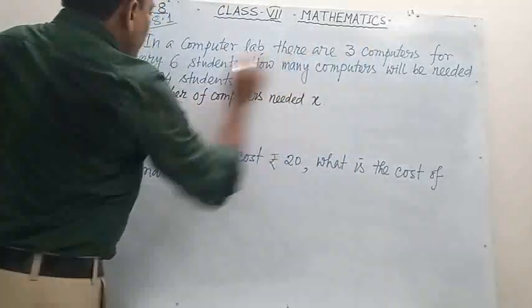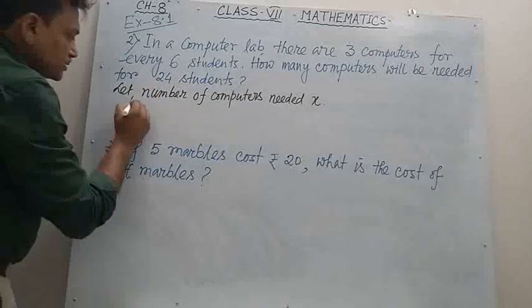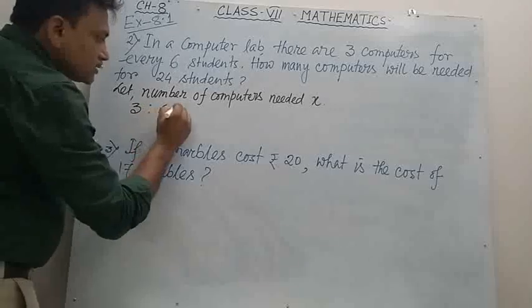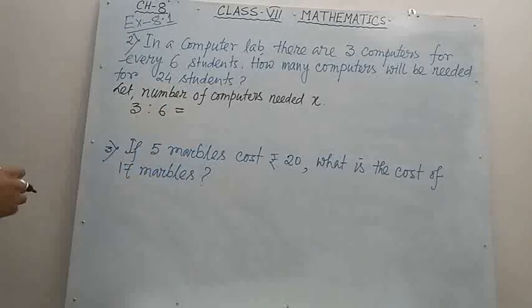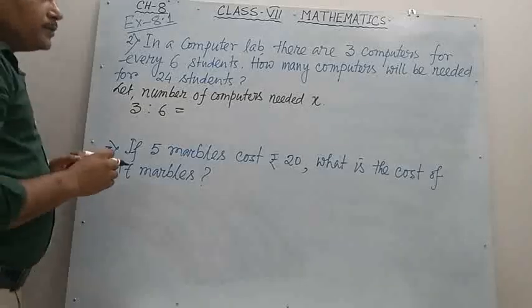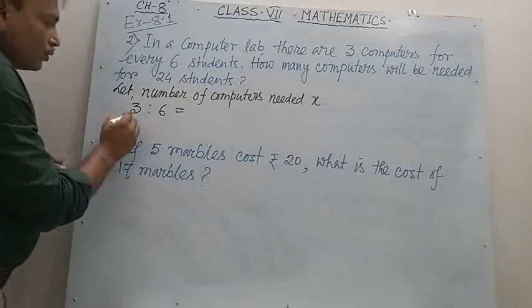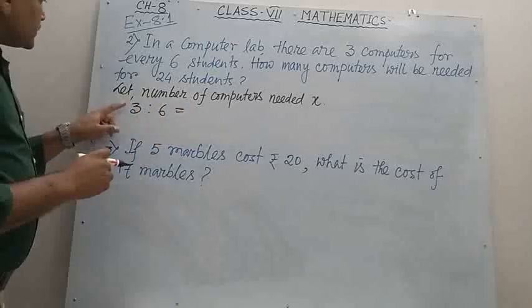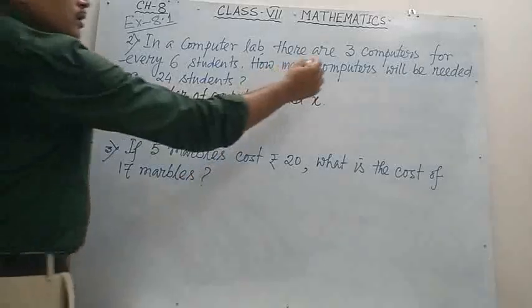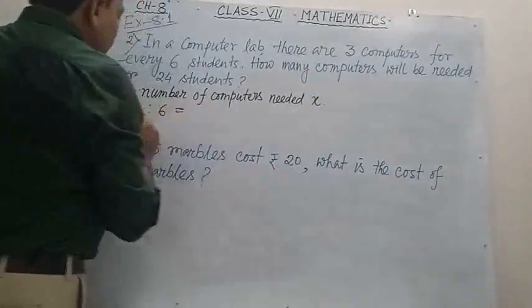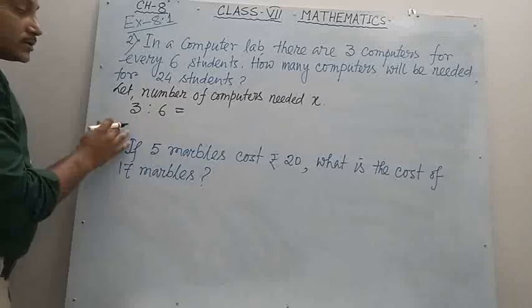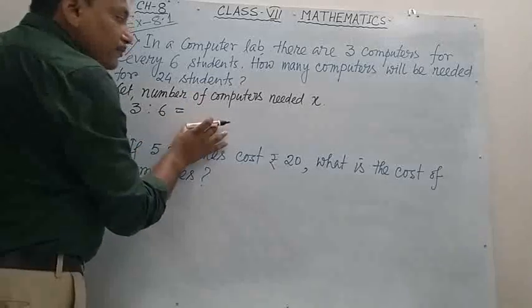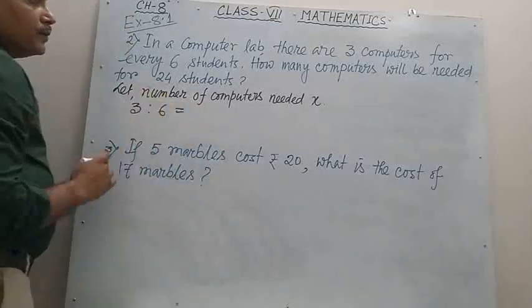So 3 computers for every 6 students, 3:6, this equals... One thing you have to remember, in both ratios the order must be the same. Here we have taken the number of computers first, so in this case you also have to take the number of computers first.